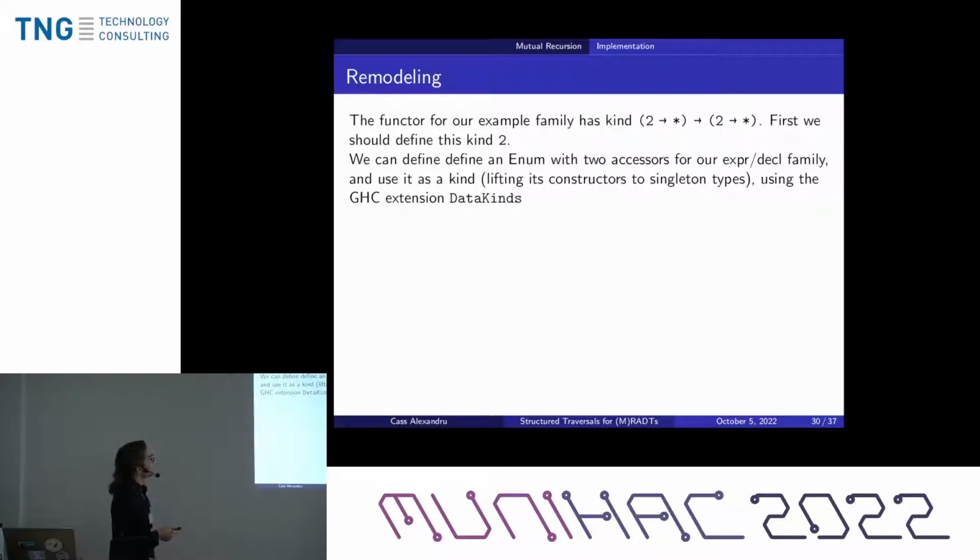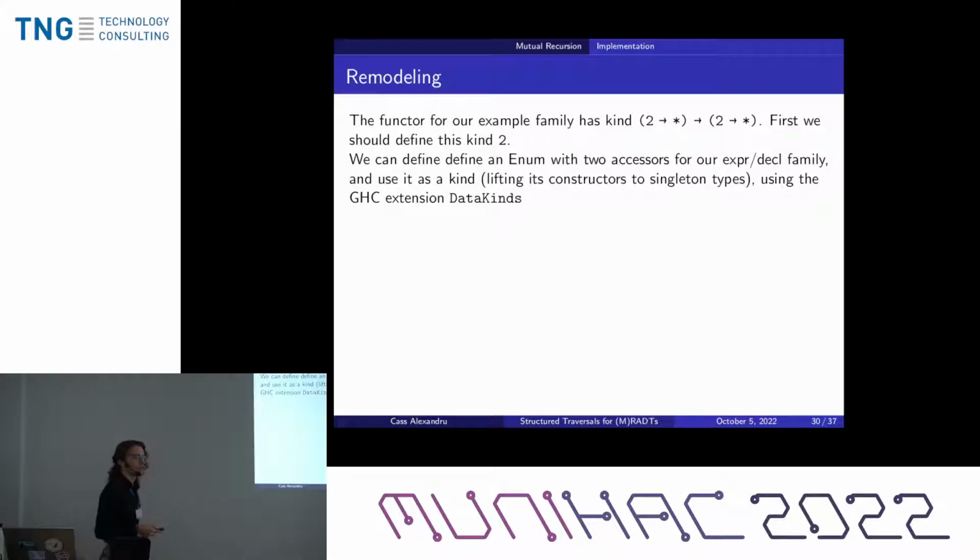And basically, we need to do this in Haskell. We need an index at the kind level. And to do this, we can define an enum, so a type at the value level, and then lift it via data kinds to the kind level.